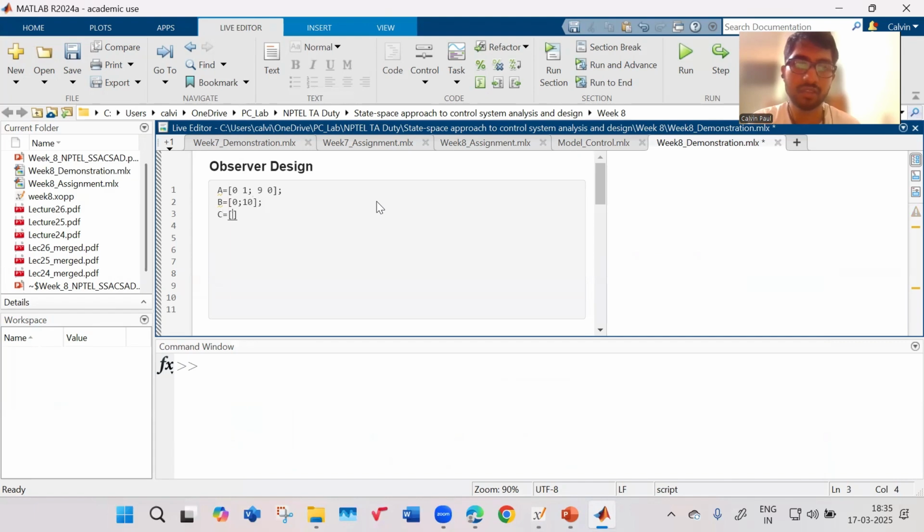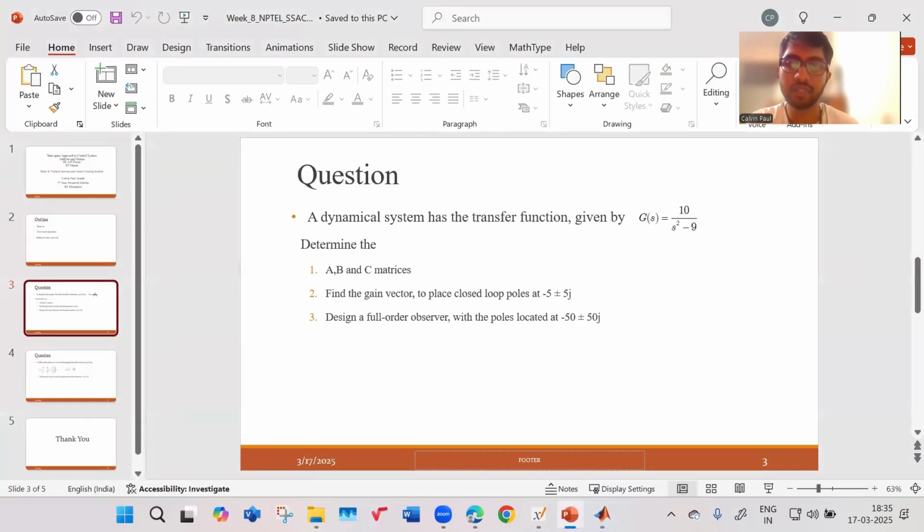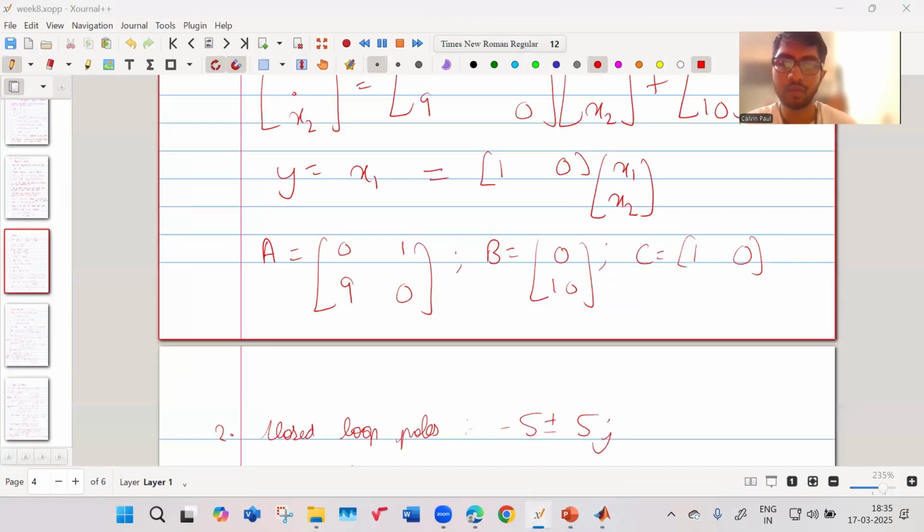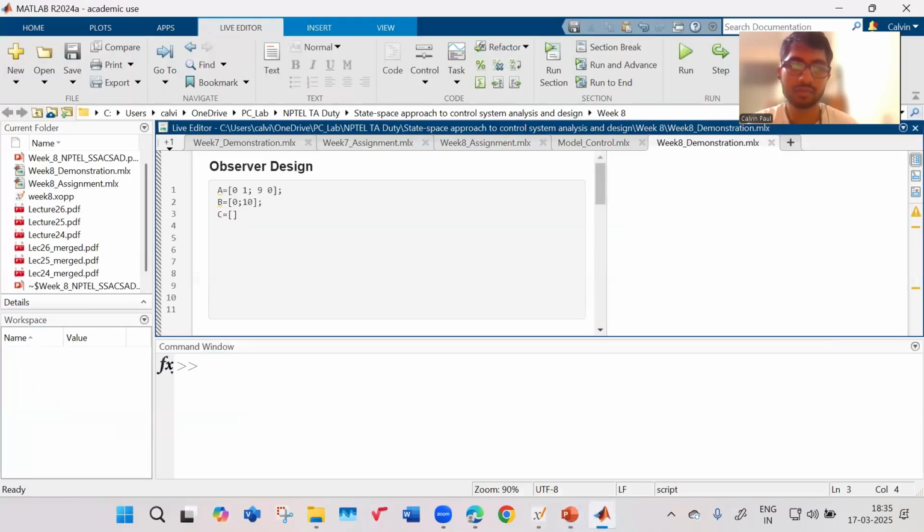The C matrix is given by [1 0]. So these are our ABC matrices.